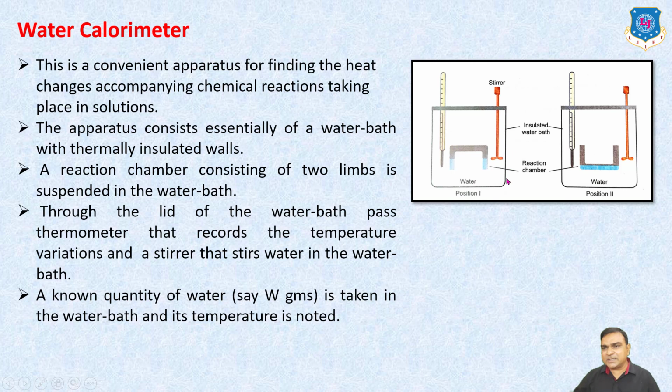So in this bucket we have water, and first of all we have to measure the temperature of the water initially. We put one thermometer inside to measure the temperature of the water and one stirrer which rotates the water, so the heat is distributed around the bucket.